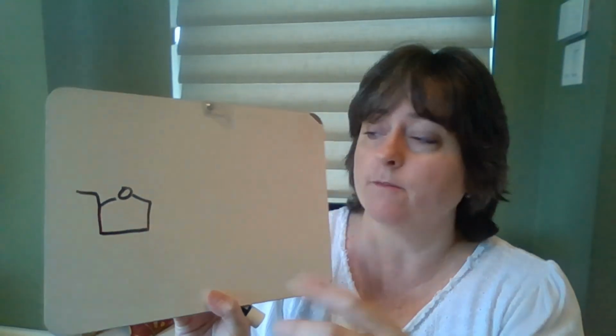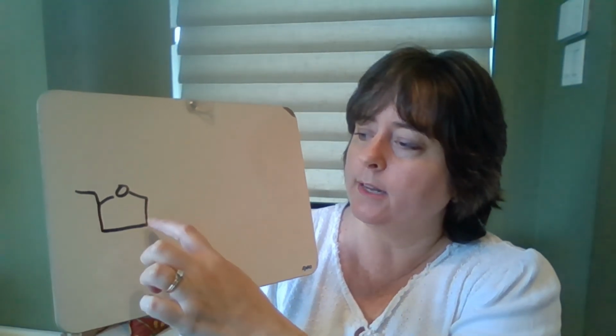In fact, I'm going to start over from scratch so that you can see it drawn out. So it is a deoxyribose sugar, has 6 carbons and an oxygen. And when we draw it out, we have our oxygen. And then every time we get a bend, we get a carbon. So that's a shorthand version for a carbon. So there's 1, 2, 3, 4, 5 carbons.